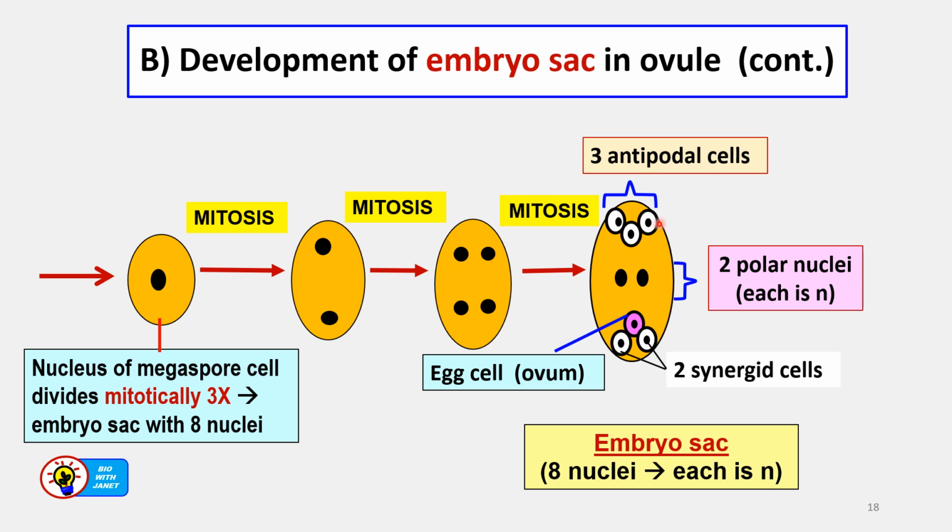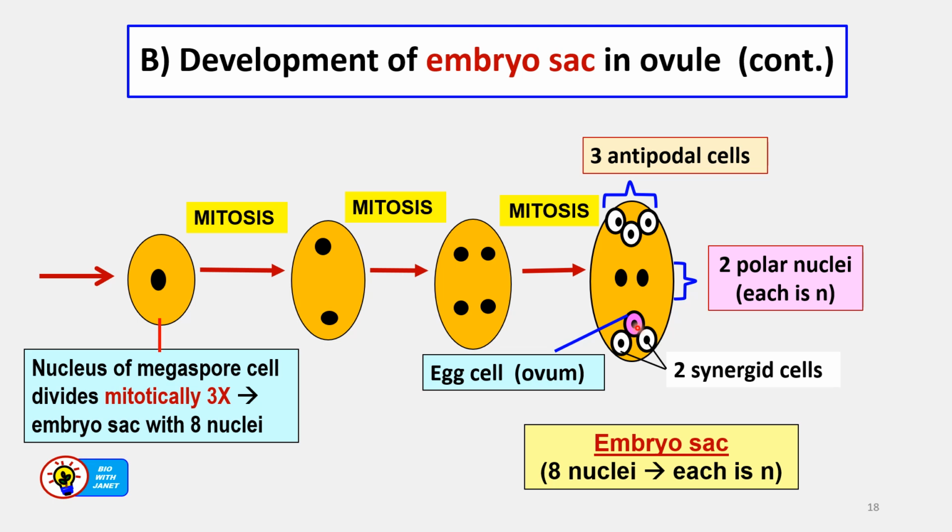Then these 8 nuclei are arranged in a special order. 3 nuclei move to the top here, and they are called the antipodal cells. They are surrounded by a membrane each. Then 3 other nuclei move to the bottom of the big cell here. 2 of them are called the synergid cells, and 1 is the so-called princess or egg cell.